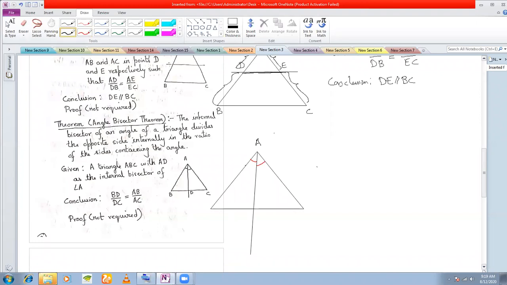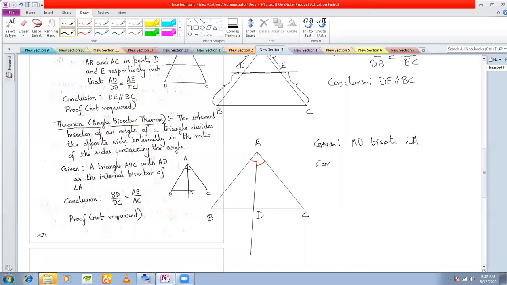Let us call it A, B, C. This is your D. AD bisects angle A. This is given to you.